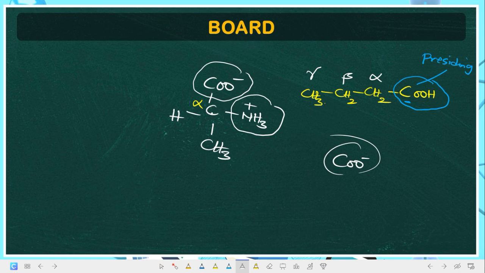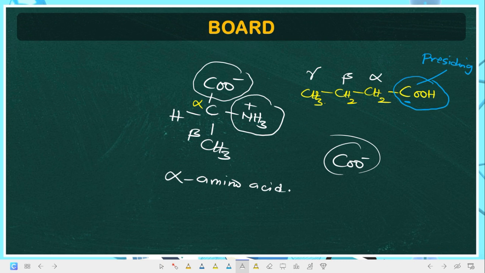So the carbon that is directly attached to the carboxylic functional group is what is called the alpha carbon. So this carbon here is called what? The alpha carbon. And this carbon here is called what? Beta carbon. So whenever the carboxyl group and the amino group are attached to the alpha carbon, we call this what? Alpha amino acid.